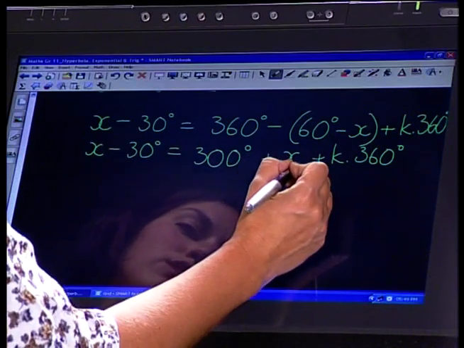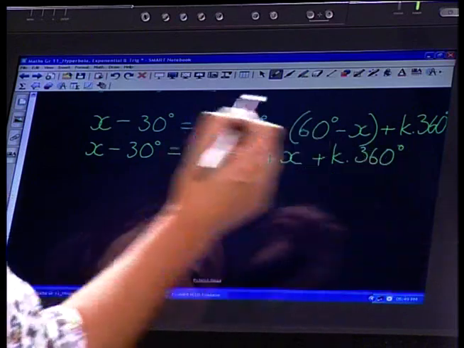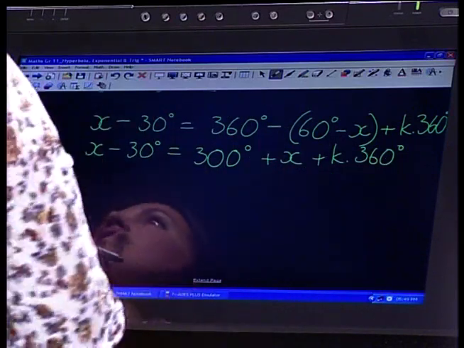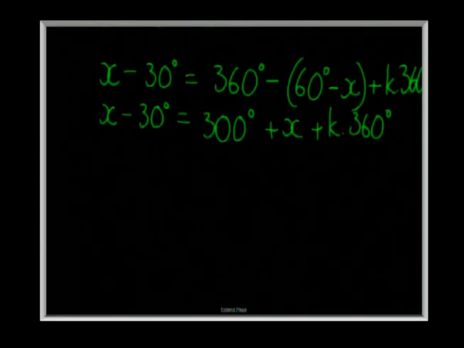If I want to get rid of the x on this side, I'm going to subtract x from both sides. This is going to result in there being no x's left in the equation, which means that the solution just doesn't exist in quadrant 4. So there's no solution in quadrant 4 for this problem, meaning that our only answer is x is equals to 45 degrees. You do get a mark for writing no solution, so don't forget to write it down. It's an easy mark if you've done the calculations. So we write no solution.